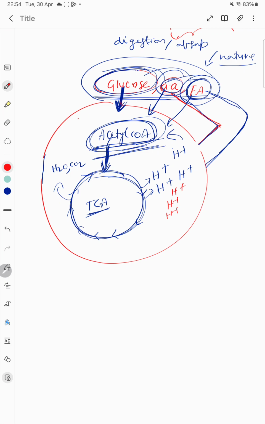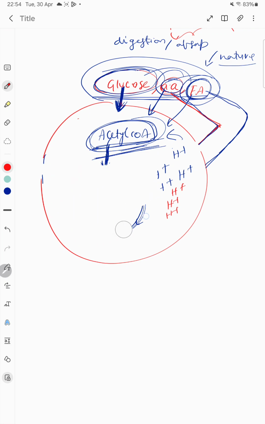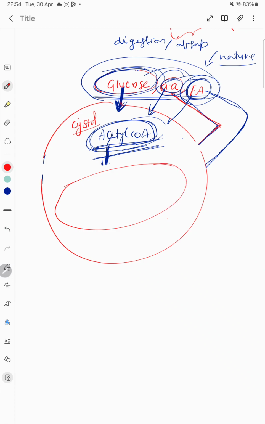Got it? Sorry, I forgot to say where this TCA cycle occurs. Where does this TCA cycle occur? Actually, acetyl CoA is produced in the cytosol, as we have already seen, and this acetyl CoA will be transported to the mitochondria. So this is the mitochondria outer membrane and this is the inner membrane. Now you can see, the electron transport chain, the real concept, came into play now.